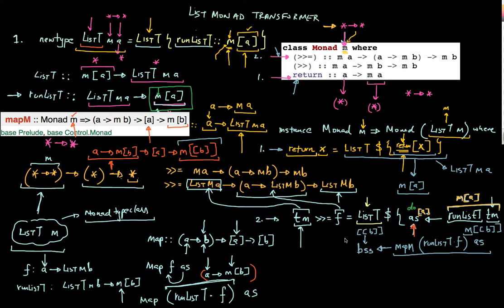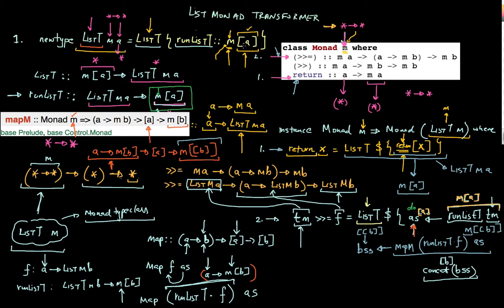All I need to do at this point is concatenate these B's out so I can get a list of B's. So if I call concat, the inbuilt Haskell function, on my bss, the type of this entire thing is just a list of B's.